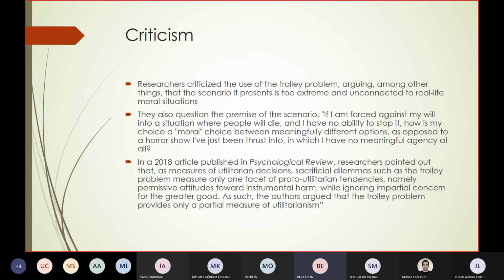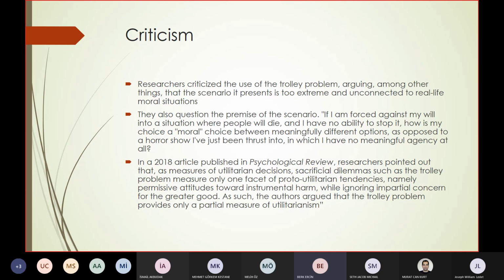The authors opine that to make cold calculations about hypothetical situations in which every alternative will result in one or more gruesome deaths is to encourage a type of thinking that is devoid of human empathy and assumes a mandate to decide who lives or dies.